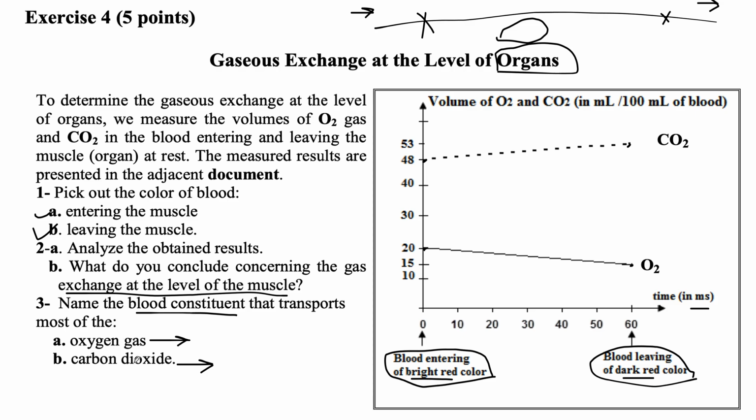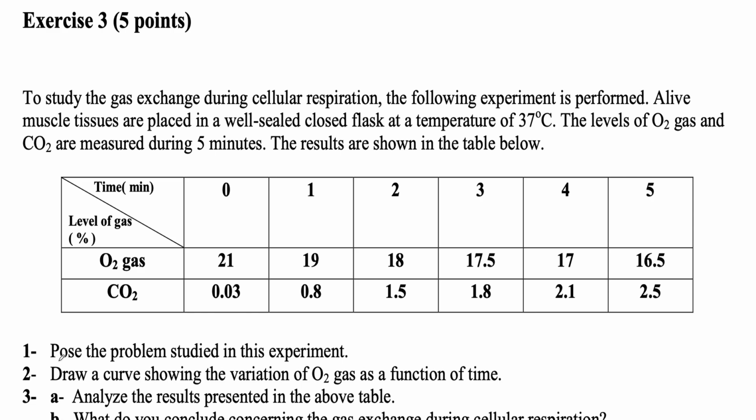And the most quantity of carbon dioxide is transported by plasma. So don't forget to number the parts: 1A, 1B, 2A, 2B, 3A, 3B.